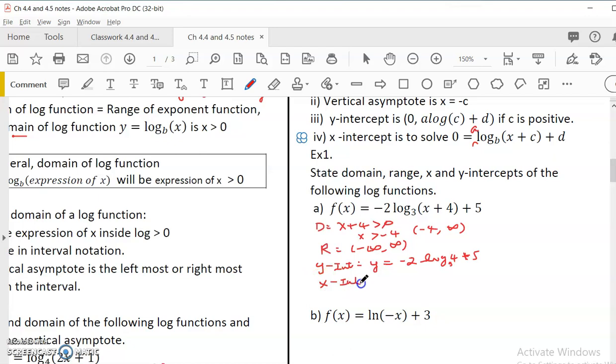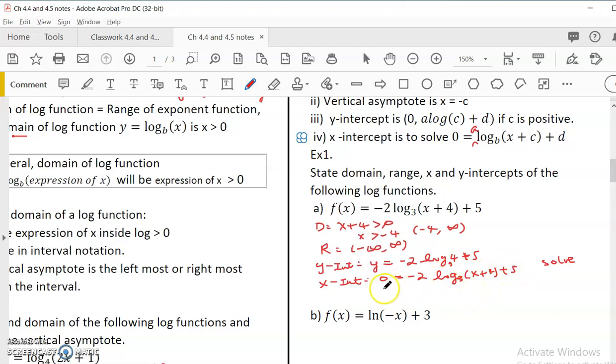What about x-intercept? X-intercept is more involved because basically you would set y equal to 0. That means 0 equals -2 log base 3 of x plus 4, plus 5. You have to solve this for x, right? So to solve for x, you want to isolate the log on one side.